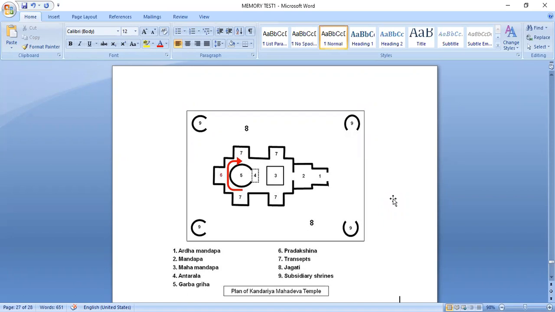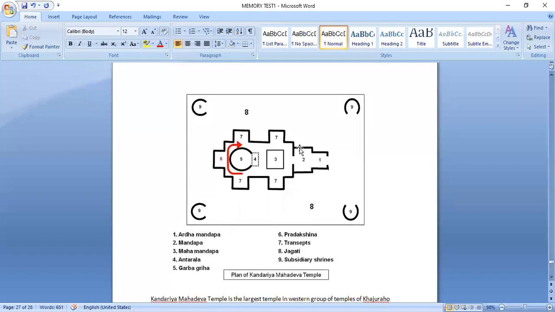It is a kind of vestibule between Garbhagriha and Mandapa. It's a small chamber. Then obviously Garbhagriha, fifth one, the main shrine. Sixth, Pradakshina.